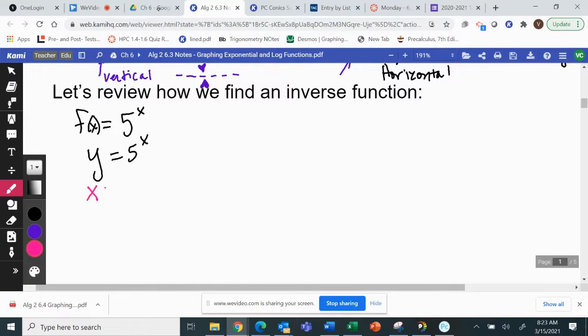We always switch the x and the y. Done. I found the inverse. Except then we solve it. We solve it for y also. So we switch x and y, and then we solve for y. That's what we do to find the inverse. We switch x and y and we solve for y.